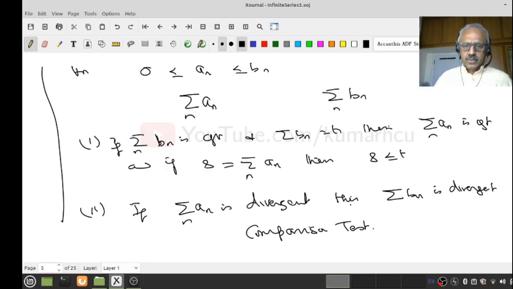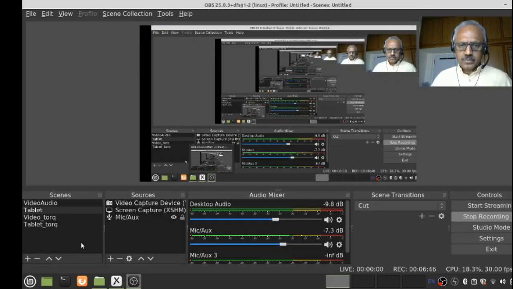So I'm going to tell you a trade secret. All of you in high school or in earlier courses must have learned about half a dozen to a dozen types of tests for convergence of infinite series, right?